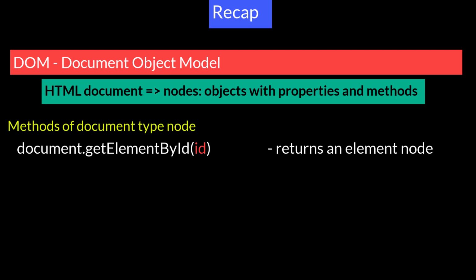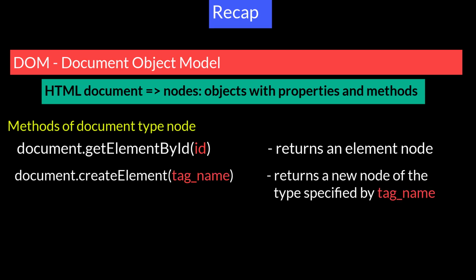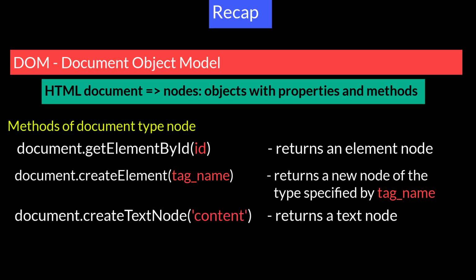Document.getElementById with an argument returns an element node. Document.createElement(tagname) returns a new node of the type specified by tagname. And document.createTextNode and then a string expression returns a text node.